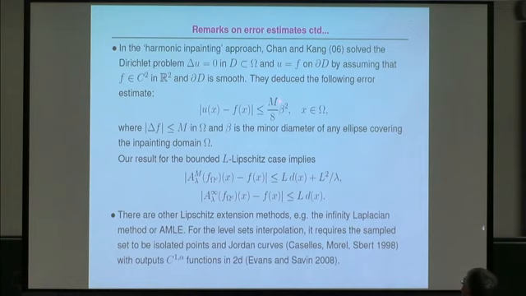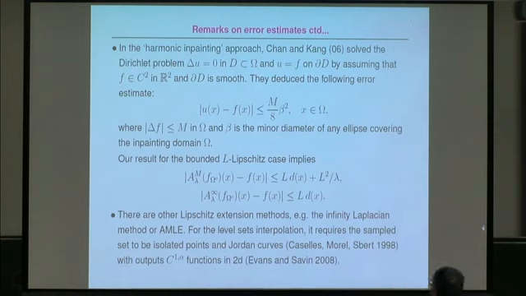So m is the maximum of the Laplacian in the whole domain. Beta is the so-called minor diameter of any ellipse covering the inpainting domain. Is this accurate? I mean, my statement is the same as what they said.